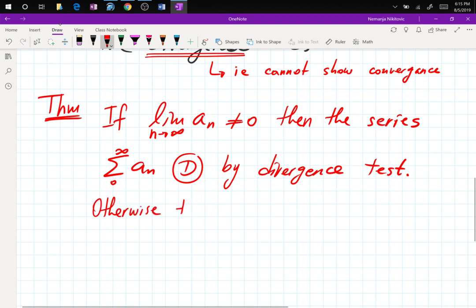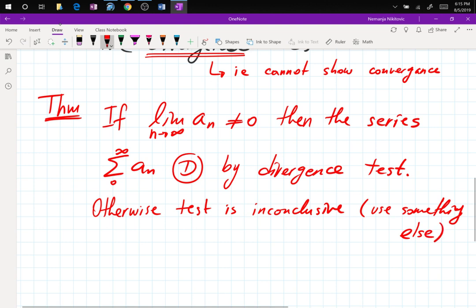Otherwise, the test is inconclusive, in parentheses, use something else. And I'm going to underline the word otherwise, because if you get that the limit is equal to 0, it means nothing to you. It does not mean convergence. Don't play with fire.